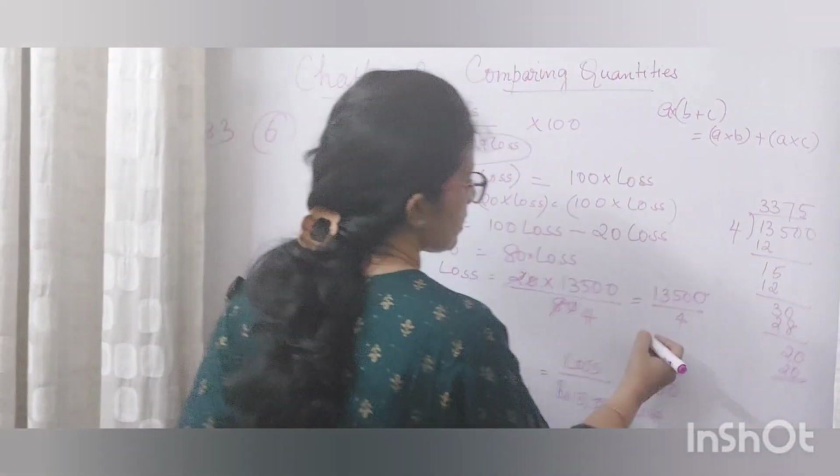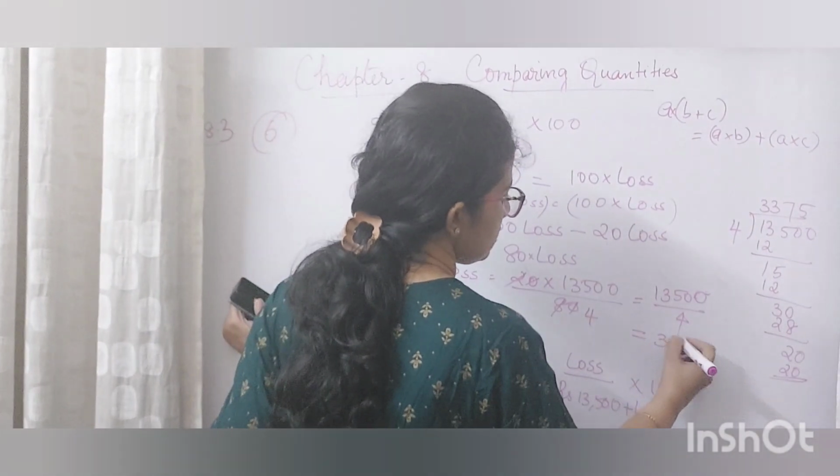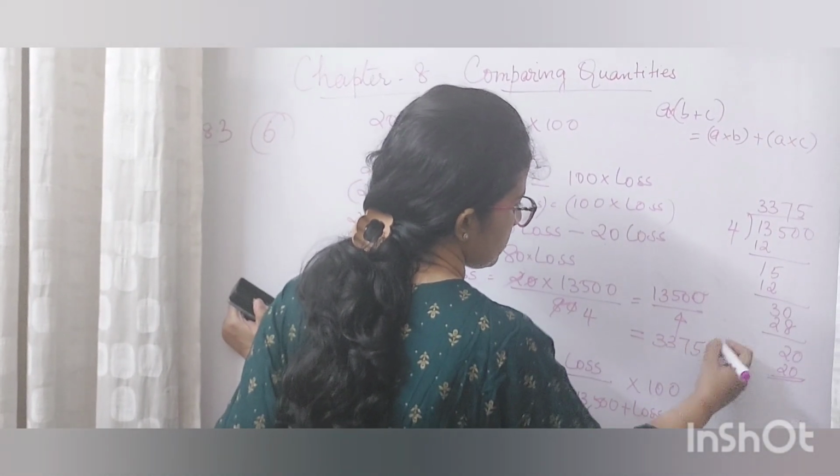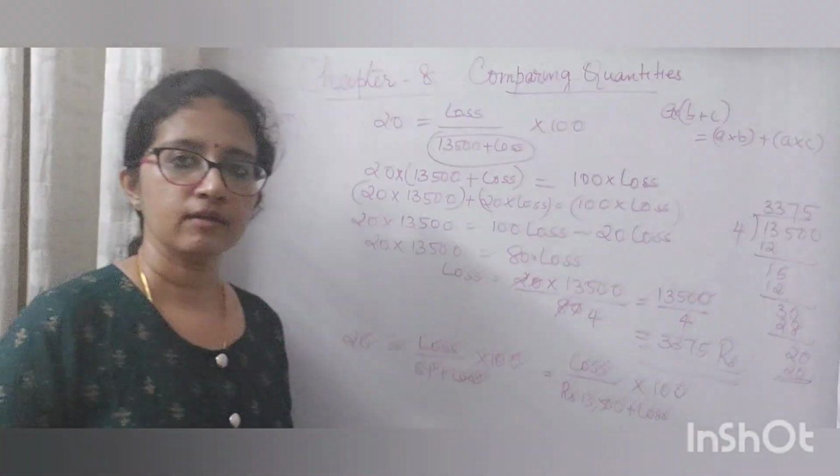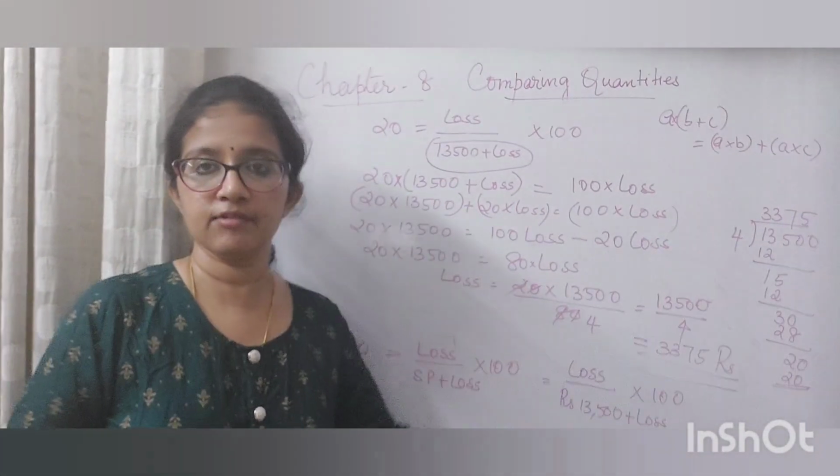So the loss is what? 3,375 rupees is our loss. Okay, the loss is 3,375 rupees.